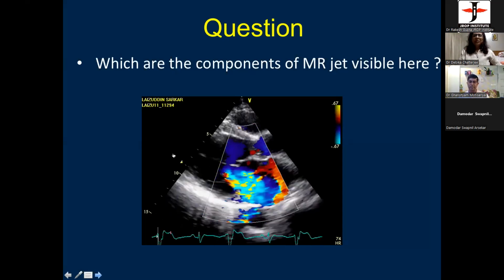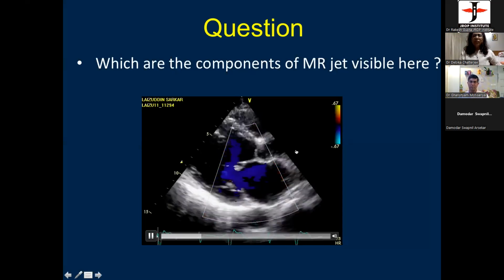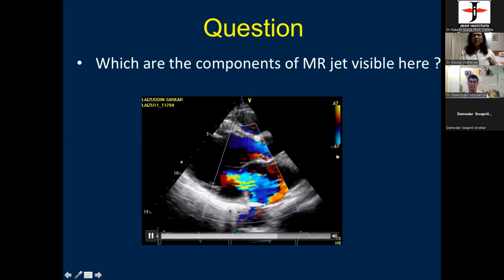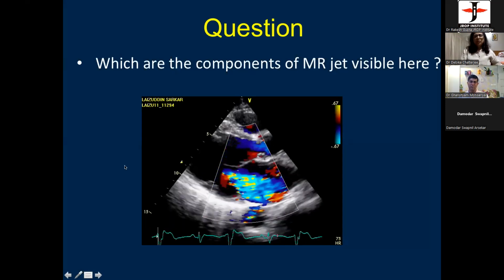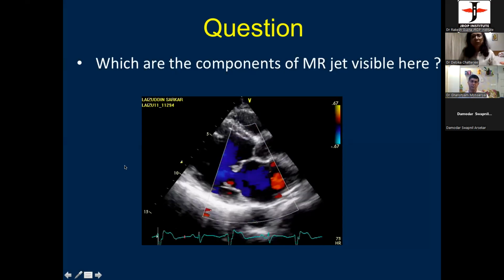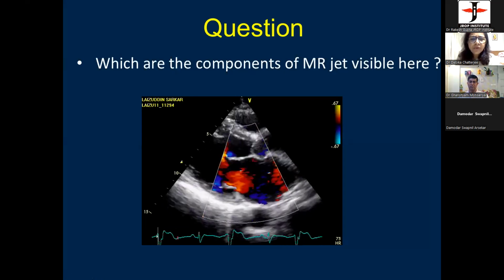See, this is to describe this view as well as the MR jet, which are the components of the MR jet visible here. You need to know the components of the mitral regurgitation jet also. So tell me.